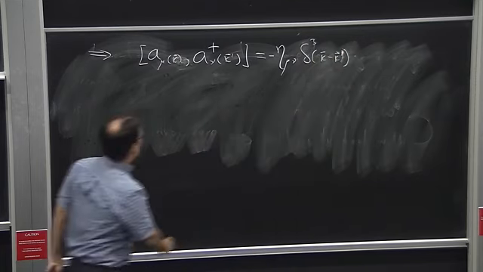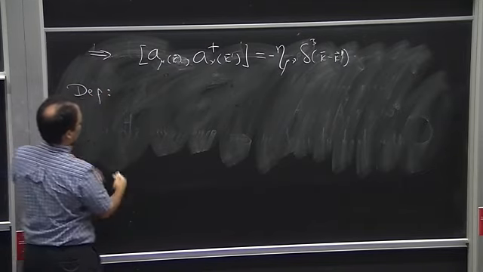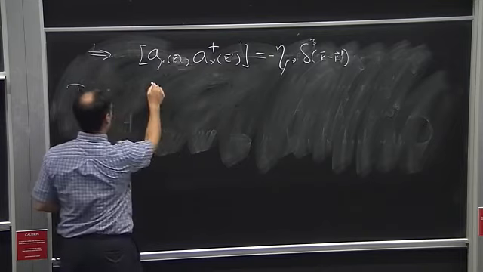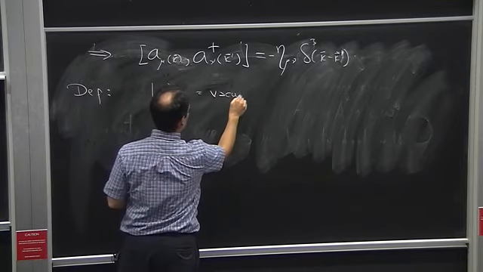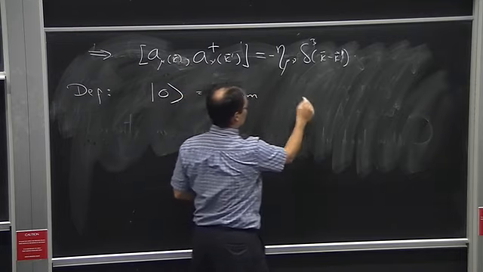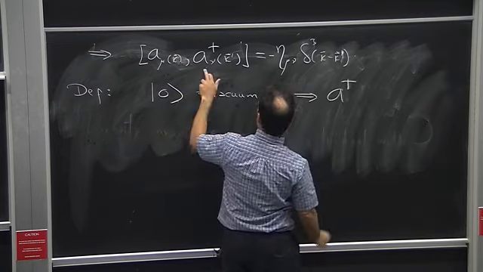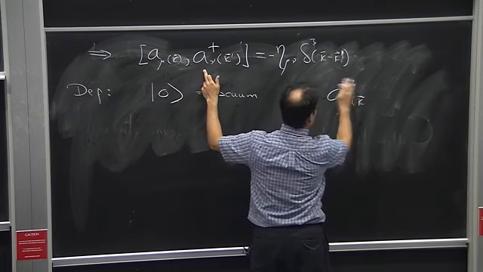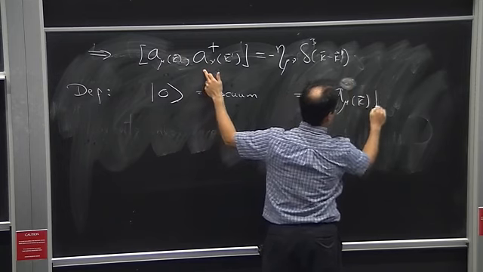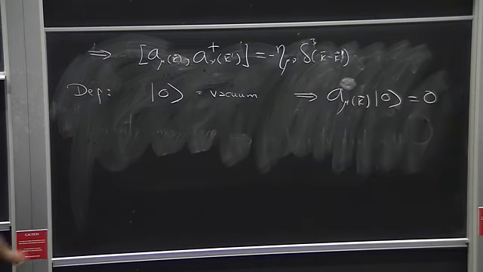Okay? Once again, we define a vacuum. We assume the existence of a Hilbert space, and we define a state, which is called the vacuum. And we say that the vacuum is defined so that no matter which annihilation operator acts on it, we get 0. Okay? That all looks very good.